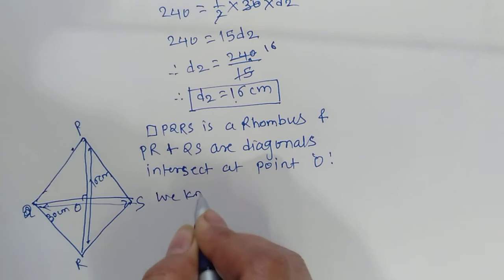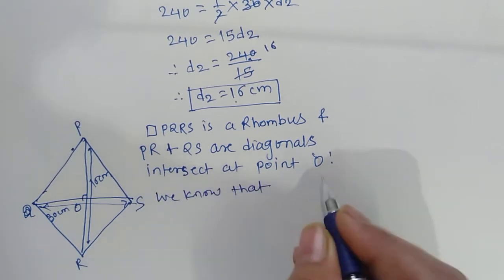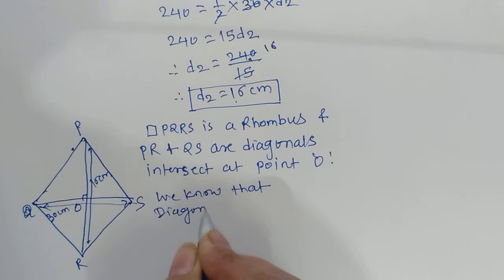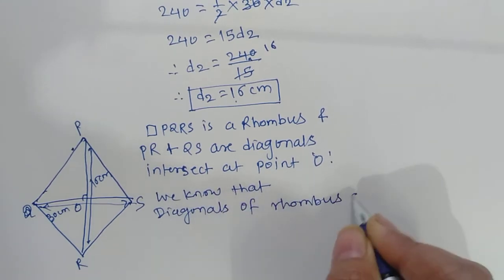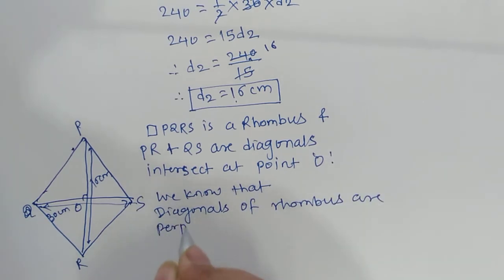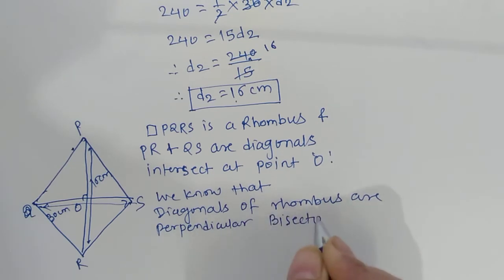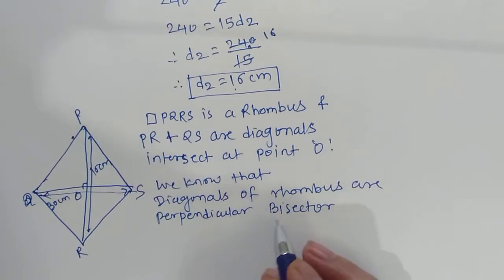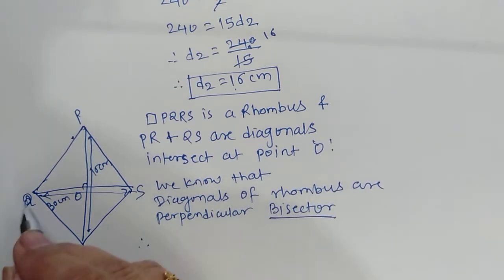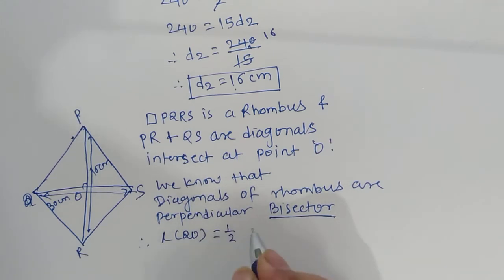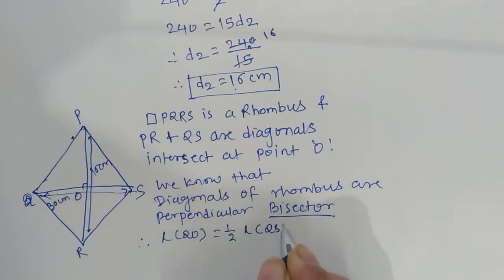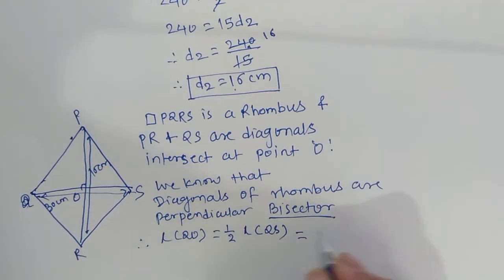So we know that diagonals of rhombus are perpendicular bisector. So diagonals are bisector, therefore length of QO is equal to half of the length of QS. So put up the values. Half into QS.